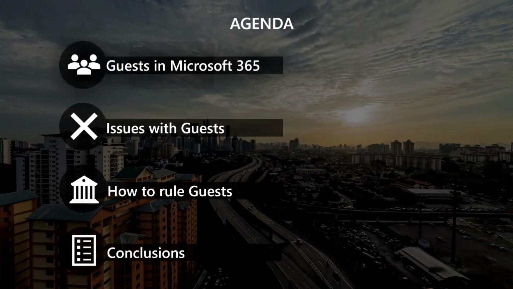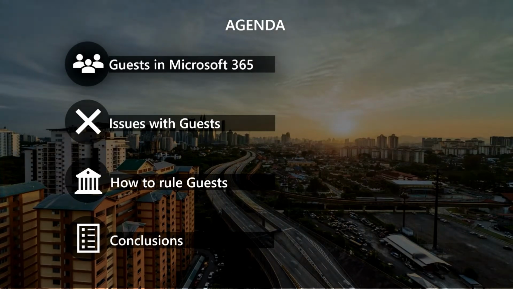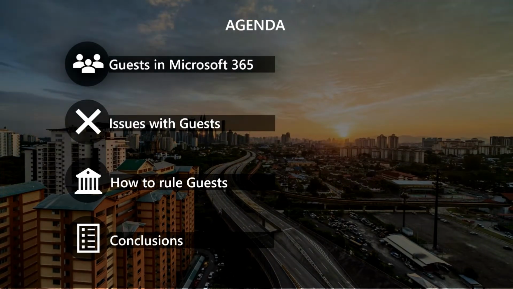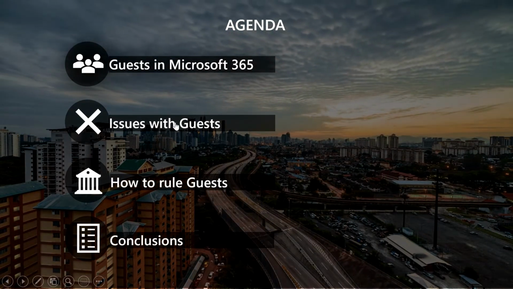I have some slides here in order to discuss this topic. Then I will show a demo, and when I have completed this topic, I can go back to the agenda. Then I can go forward with the second topic, issues with guests.